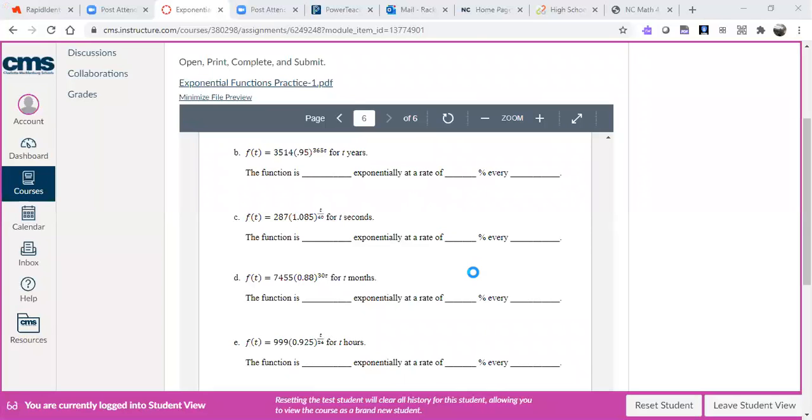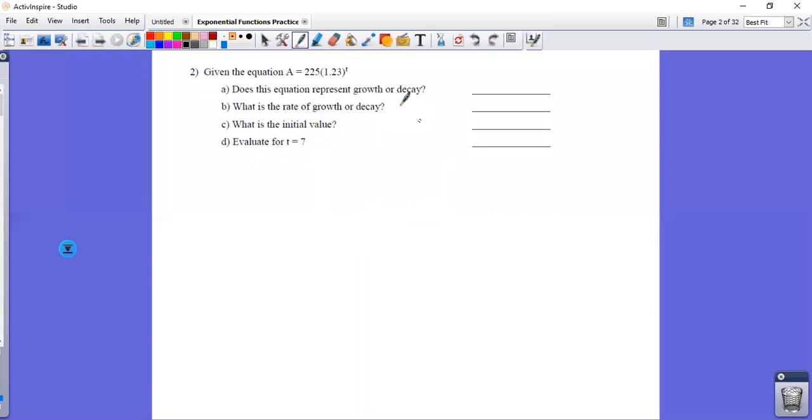Next one. The 1.23 is bigger than 1, so that should be growth, because that tells you whether it's growth or decay. What is the rate? Well, since it's above 1, you do 1.23 minus 1, which would leave you the 0.23, or 23% growth rate.